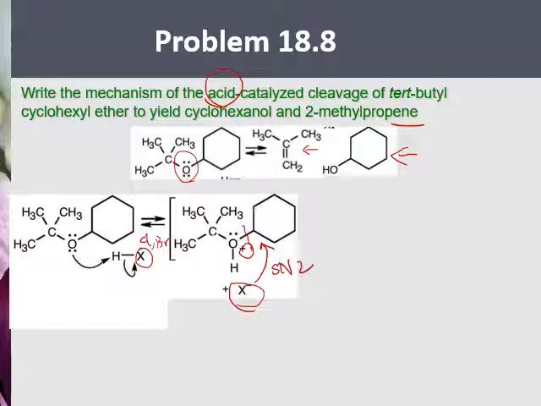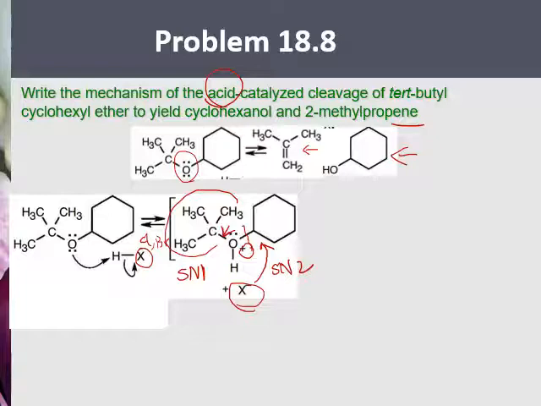On the other hand, if the ether contains a t-butyl group, like here, the next step is always SN1 instead of SN2. With SN1, the oxygen-carbon bond breaks, this bond will break, and gives you a t-butyl cation. Remember, the t-butyl cation is relatively stable, so it can be easily formed.